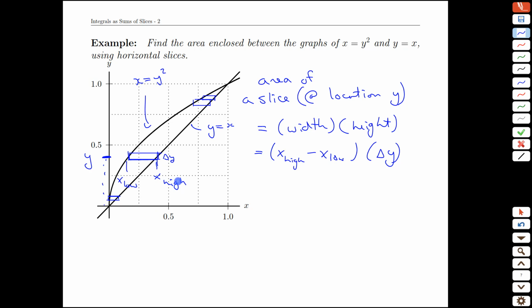So if that makes sense, then the next challenge is to bring it back to the formulas. X high is the x value on the line y equals x. Oh, well, if x is equal to y, and we want to find this at a location y, we're going to do that through a little conversion. Let's do this explicitly here.